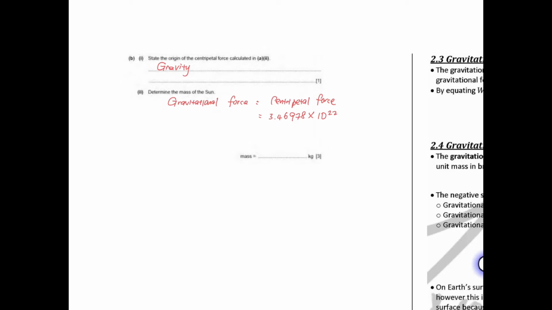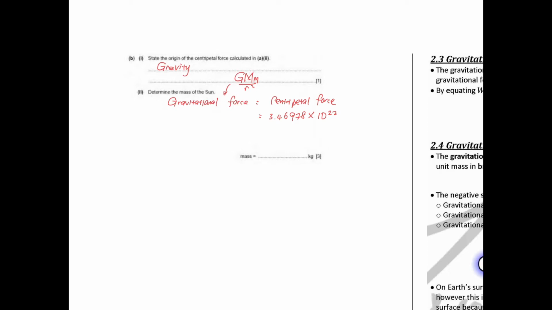This is what we counted previously. And for the gravitational force, we can use Newton's law of gravitation, which is GMm over r squared. So we can use that formula.